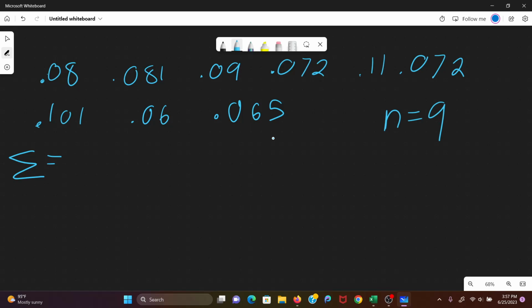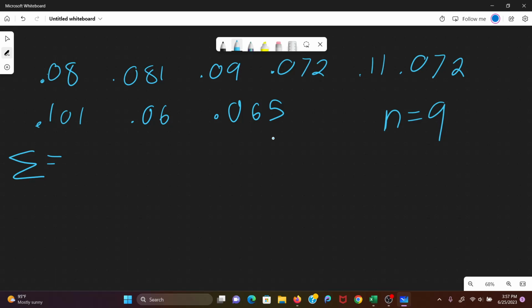So 0.08, that's the sound of my trusty calculator that you hear clacking around. 0.081 plus 0.09 plus 0.072 plus 0.11 plus 0.072 plus 0.101 plus 0.06 plus 0.065.